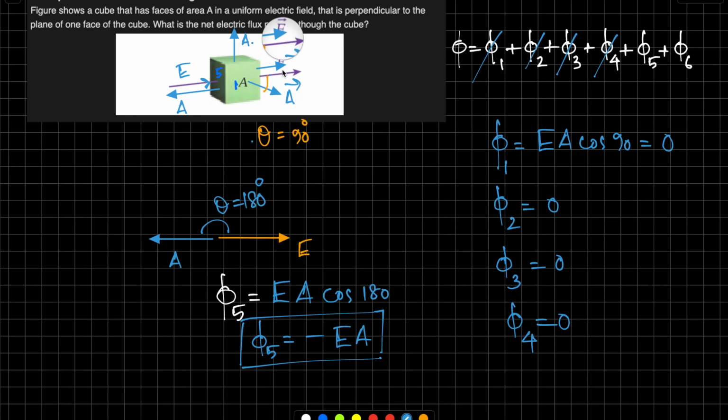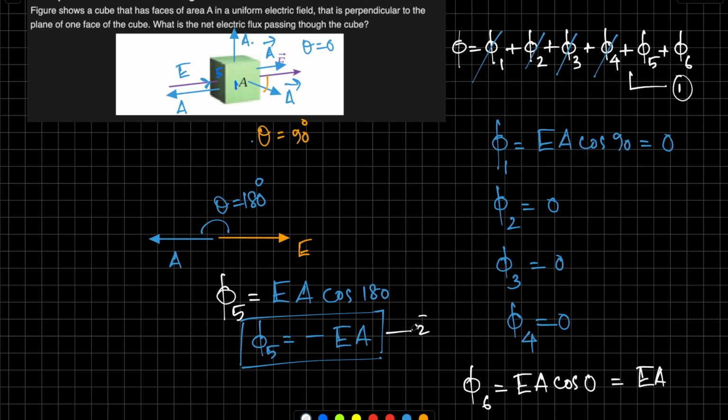So theta equals 0. So phi 6 equals EA cos 0, which is equal to EA. Let's call this equation number 1, this equation number 2, this equation number 3.